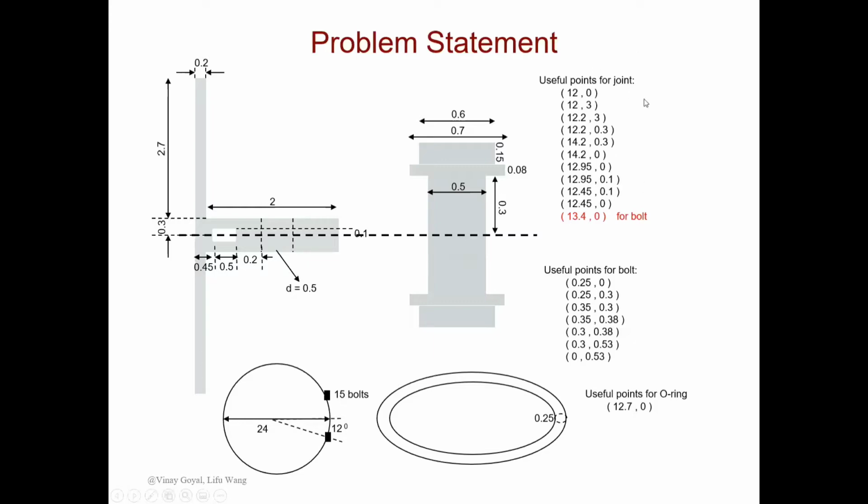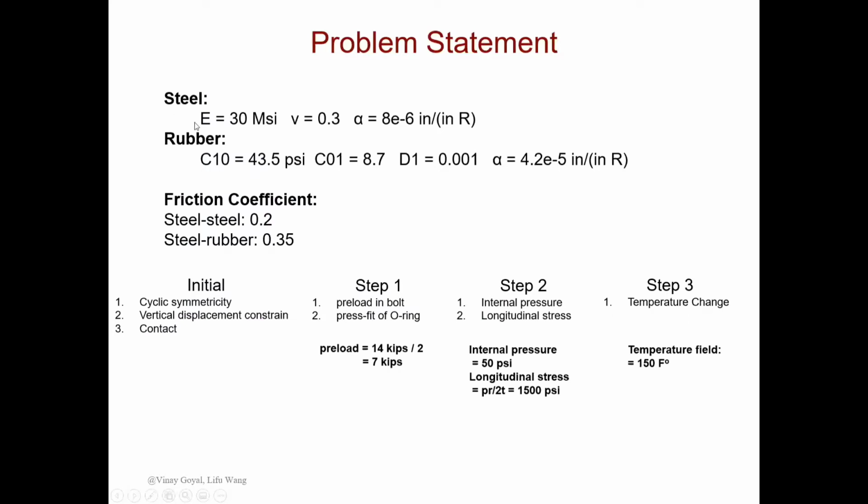Here are some useful reference points for you to more easily create the model. And we'll show you how to do the CAD part later in Abaqus. So here are the material properties.